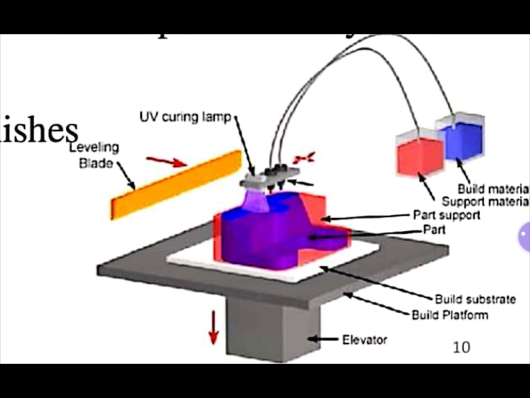So this is the diagram relating to the material jetting operation. Here the principle is same, but here we are going to deposit the material drop by drop with the help of a nozzle.